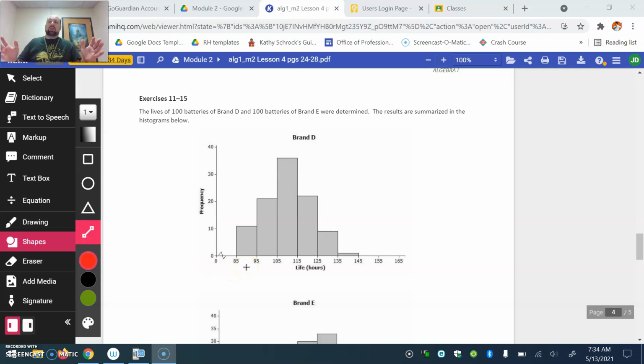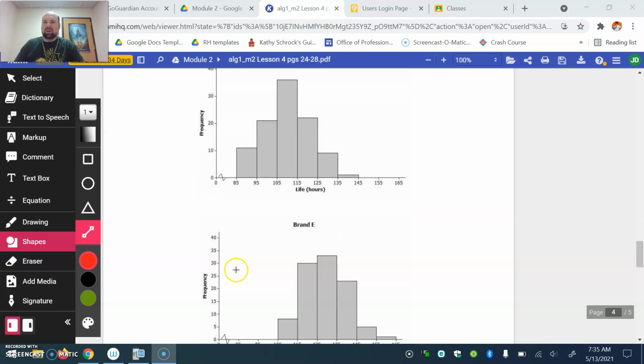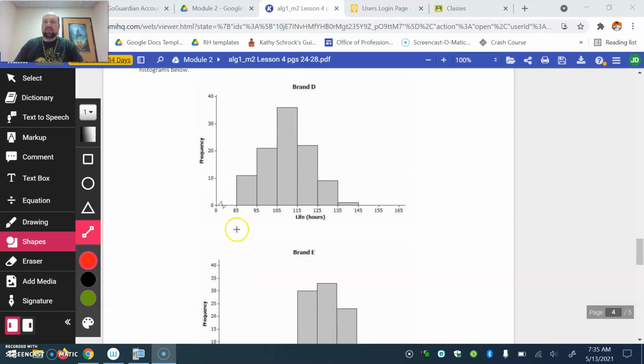You need to make your scale consistent, but you are allowed to use one of these to help pull in your graph or bring it closer, as long as you only do it once. All right. So this is called a break, and basically it allows you to cheat a little when you make a graph, like a histogram.